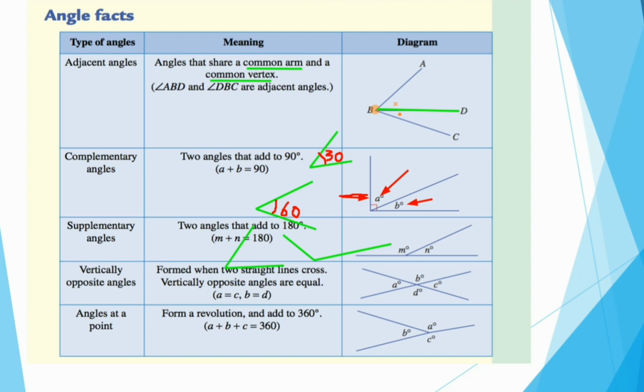Suppose the first angle measures say 70 degree, and the second angle measures 110 degree. So their sum is 180. So in that case, they will be supplementary angles. So again, they need not be adjacent angles.